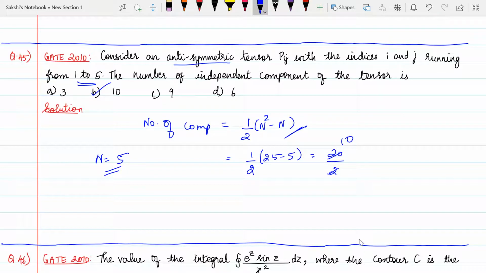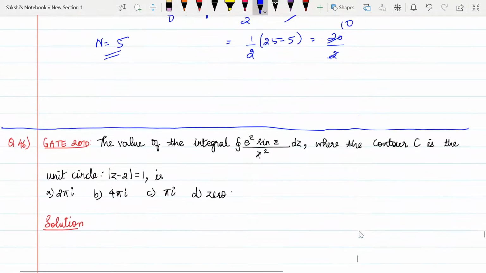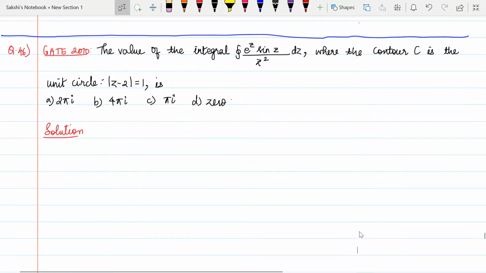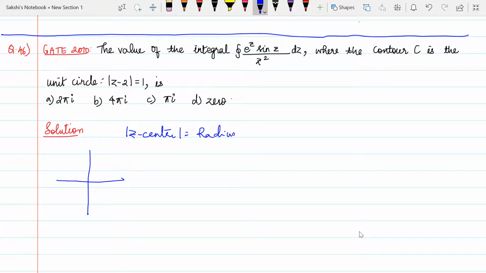Let us see the next, sixth question. A very easy question here. The value of the integral e power z sin z by z square dz, where the contour c is the unit circle. A unit circle represents a circle of radius 1. But here, z minus center is equal to radius, this was the formula I have already given.